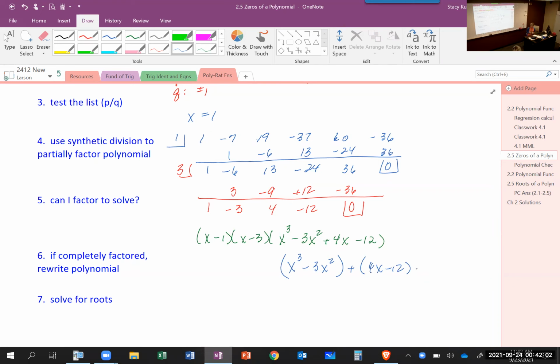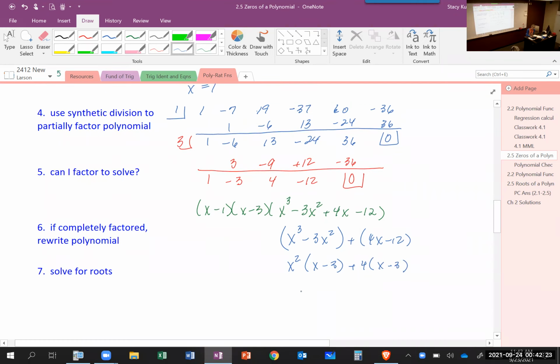What can I factor out of the first set of parentheses? Okay, so that factors into x squared, leaving me with x minus 3. And what can I factor out of the second set of parentheses? 4. Okay, so that leaves me with, again, x minus 3. That factors then into x minus 3 times x squared plus 4.